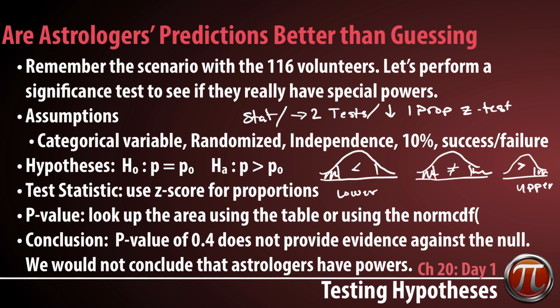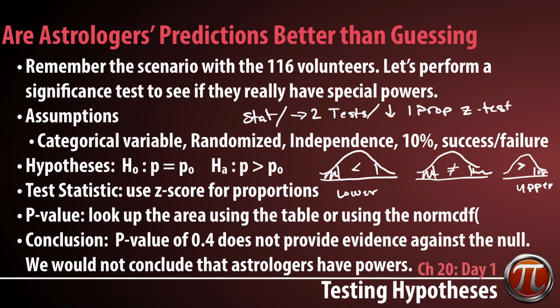At that point, I would think, wow, they got a lot more right than I thought they were going to get. I'm surprised. This is a fairly rare scenario. If they're just getting lucky, if they're just guessing, then I would expect that to happen only 2 or 3% of the time. Then I start to doubt my original assumption, which was that they were just guessing.